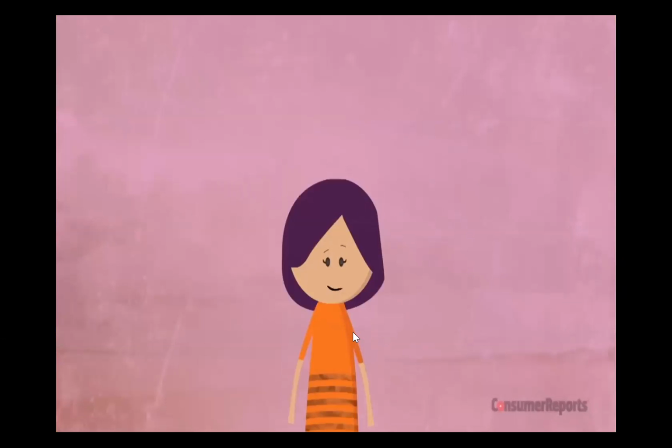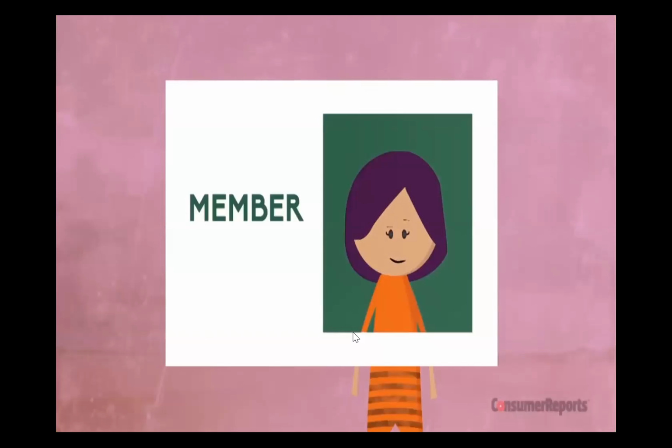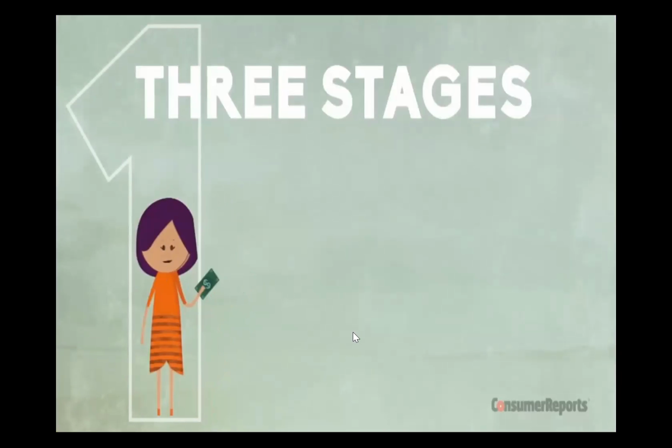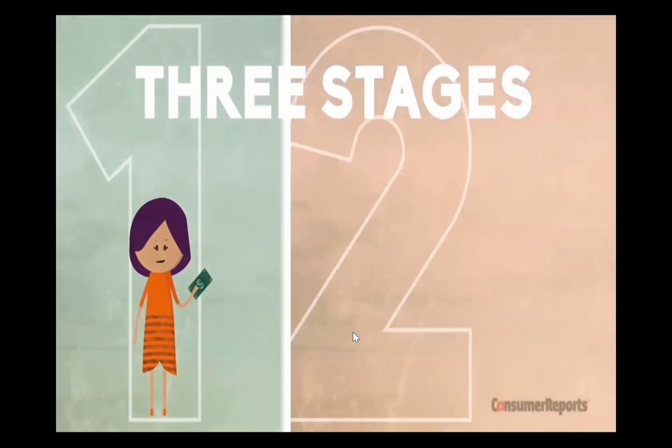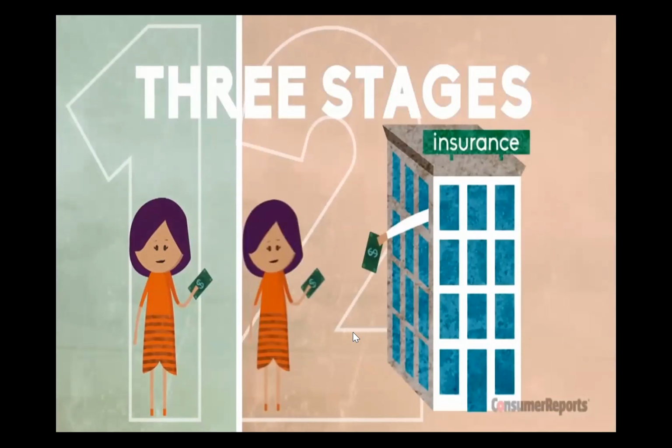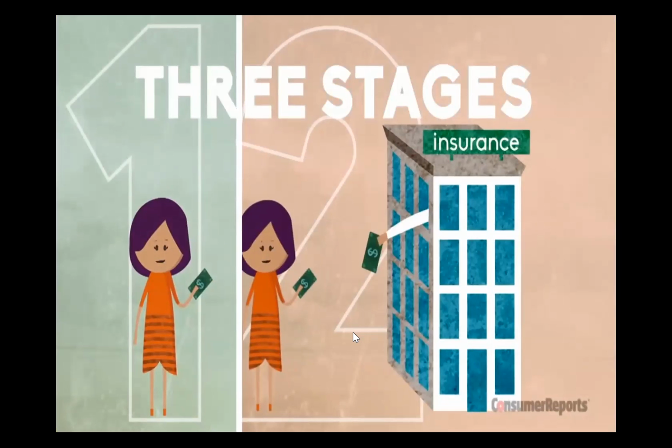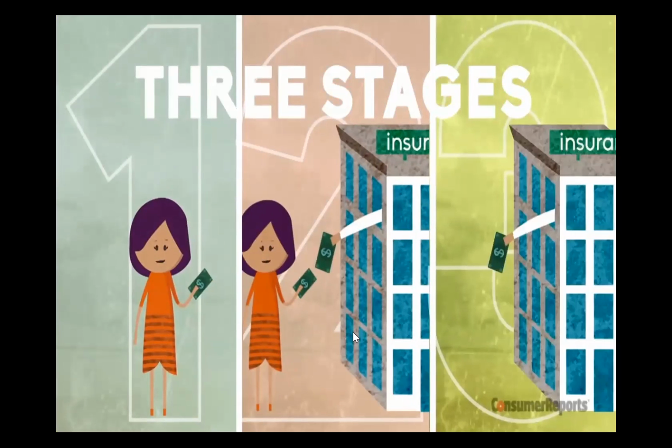So let's review. You pay a monthly premium to get into the club and get many preventive services free. You pay for other services until you meet your deductible. Then, you and your insurance company share the cost of health services. You pay co-pays or co-insurance, and your insurance pays the rest until you hit your out-of-pocket maximum.